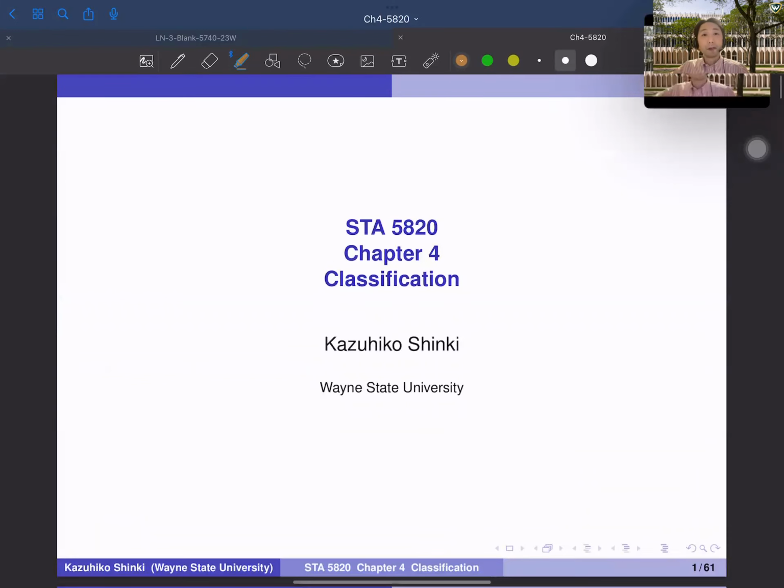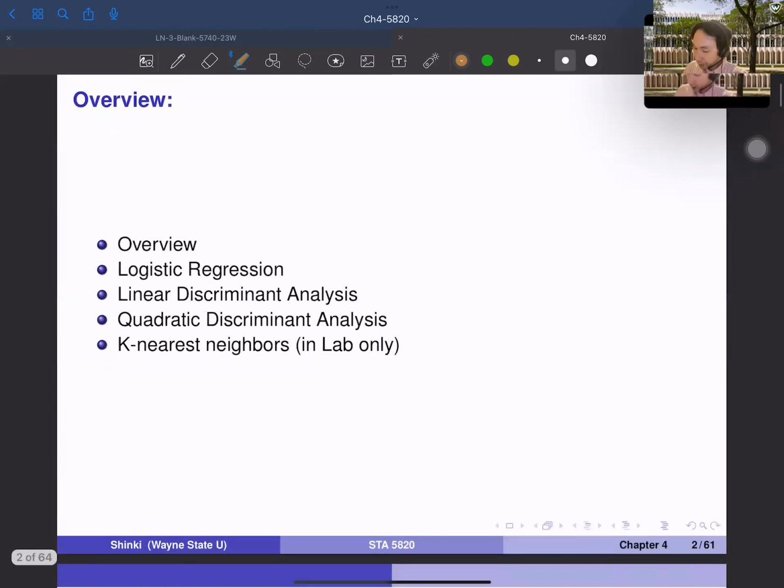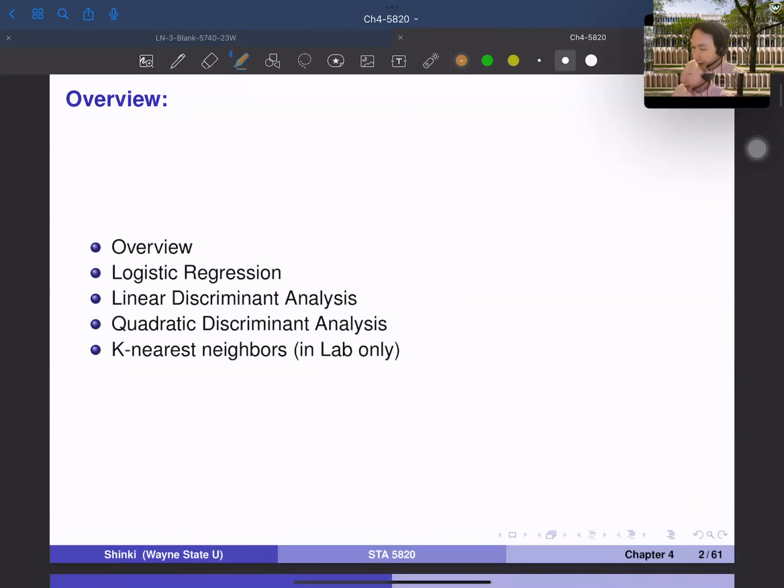Yeah, so chapter 4, classification. We have several things to discuss in chapter 4. At first, we do some overview of classification, one simple example and some other applications in the real world. Then we go to logistic regression.